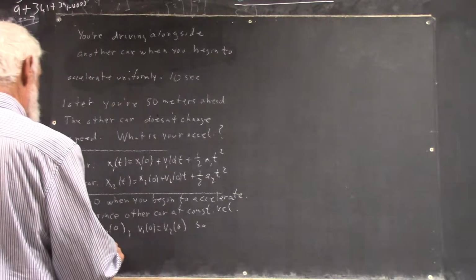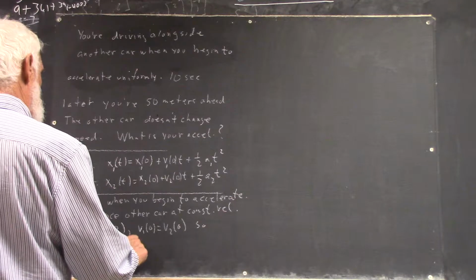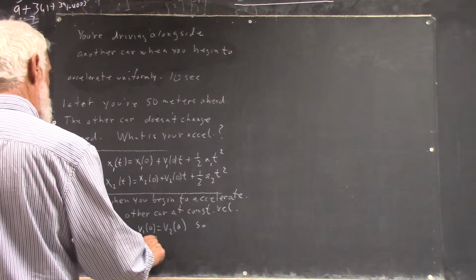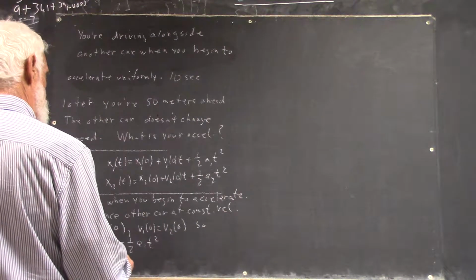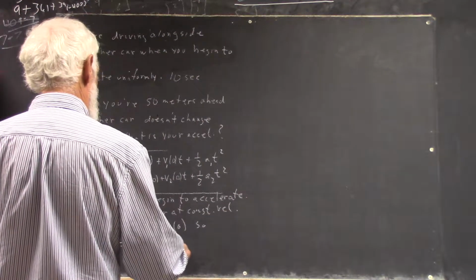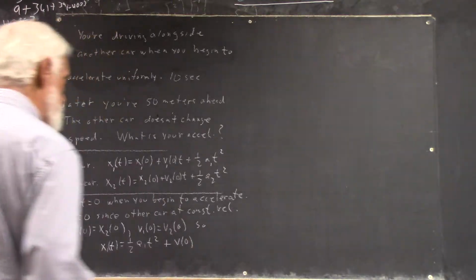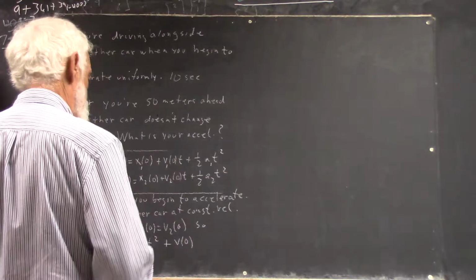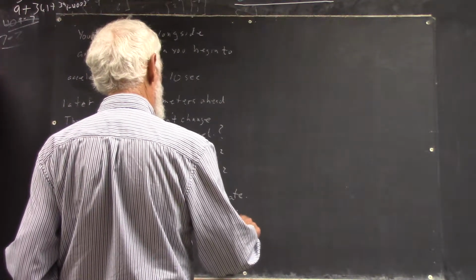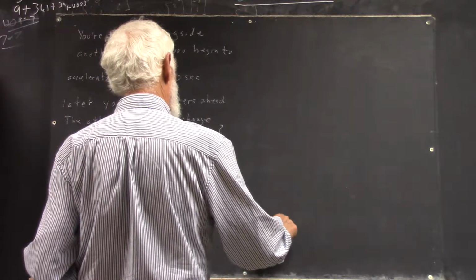It then follows that x1 of t equals 1/2 a1 t squared plus v of 0 t, where we let v of 0 equal v1 of 0, which also equals v2 of 0.